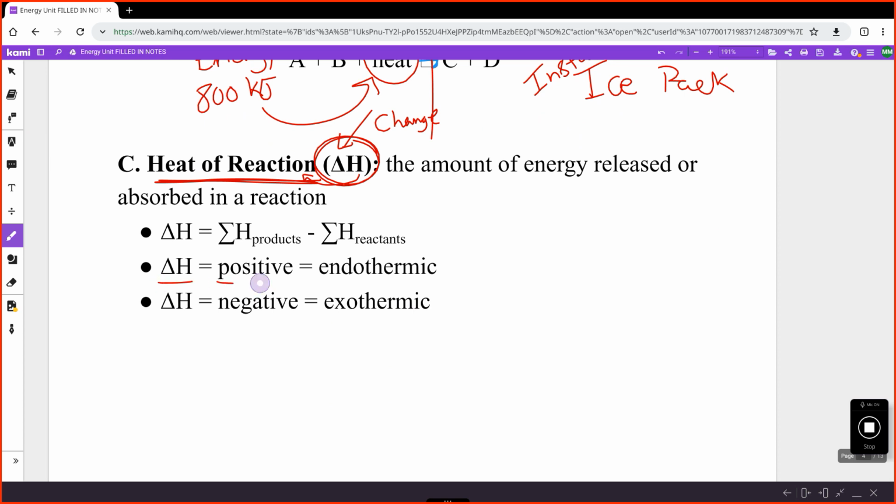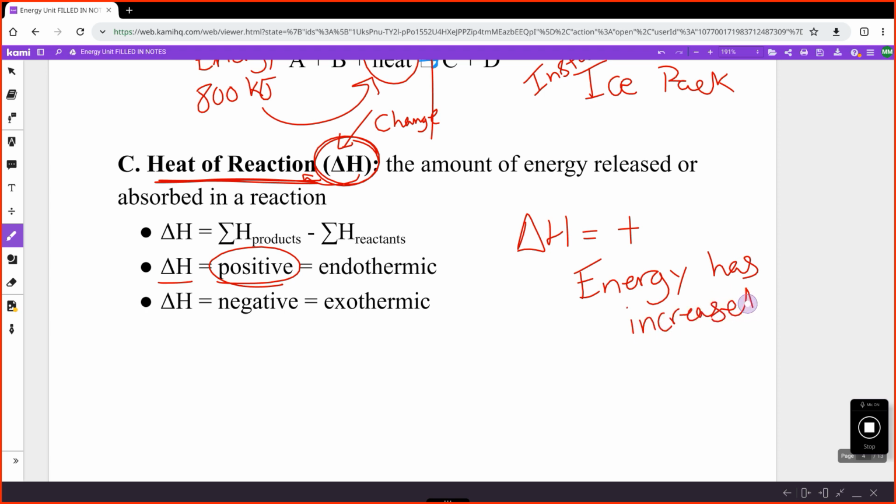And when delta H is positive, it's basically saying that the amount of energy has increased. And the only way that we could have the amount of energy increase is by having it absorbed. So endothermic reactions have positive delta H's.